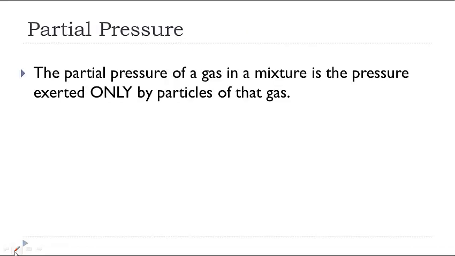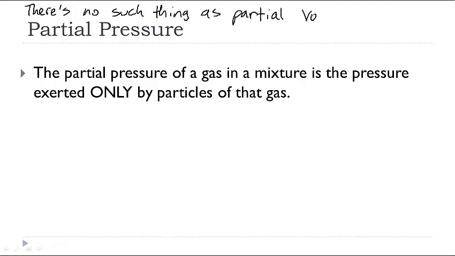and for that matter, there's no such thing as partial temperature either. We wouldn't say that the oxygen in this room is at, I don't know, 70 degrees and the nitrogen in this room is at 30 degrees.